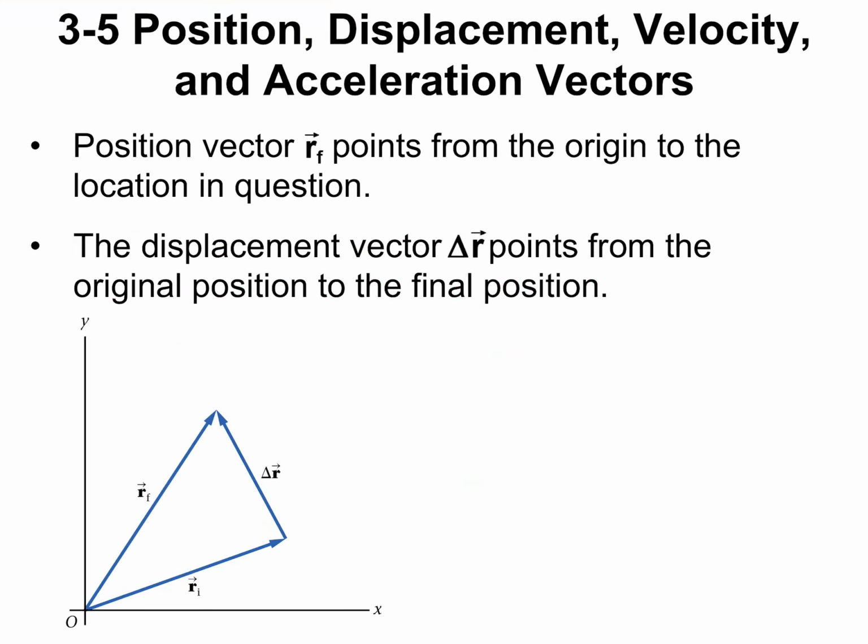Now let's talk about vector. Okay, so we know how to describe a vector, how to present a vector. You have basically three methods: magnitude and direction, components method, or unit vector method. They are equivalent to each other.